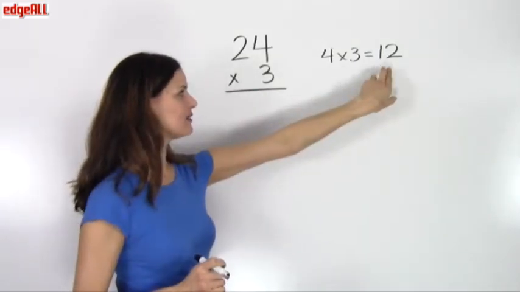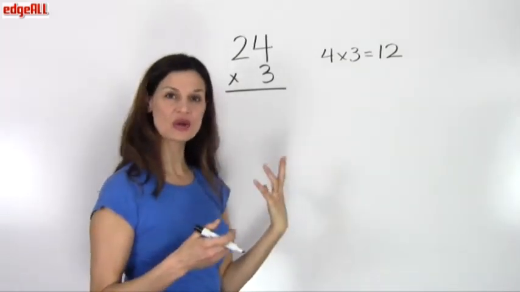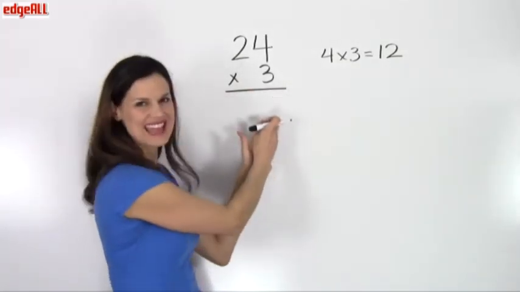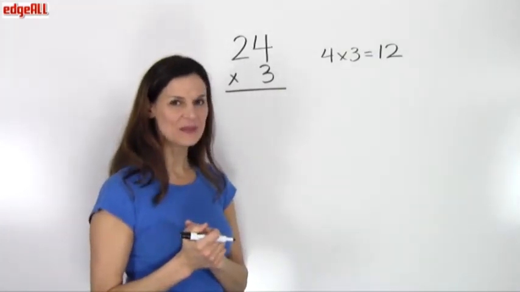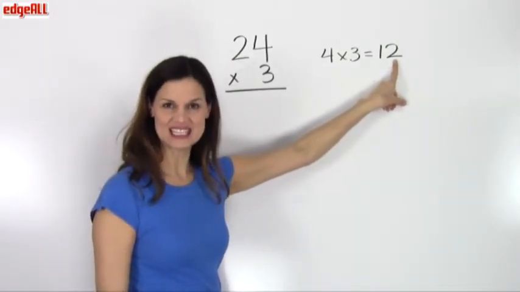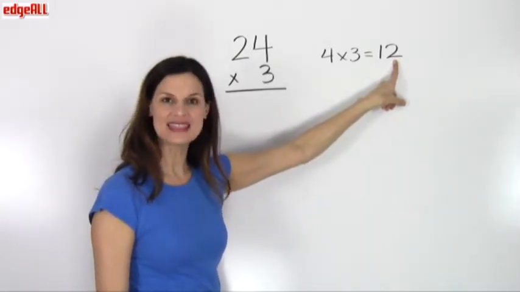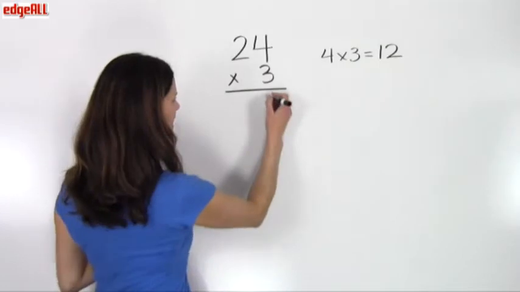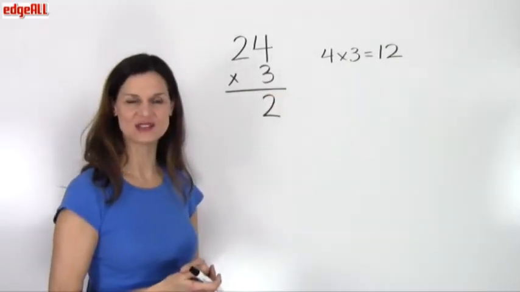But since the answer is a two-digit number, there's not room in my ones place to write the answer. And so what I do is I take the 2, the digit that's in the ones place position of my product, and I write that 2 here in the ones place of the product in my final answer.